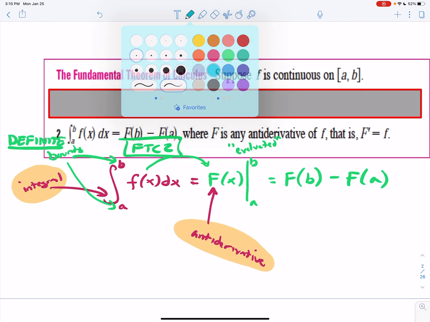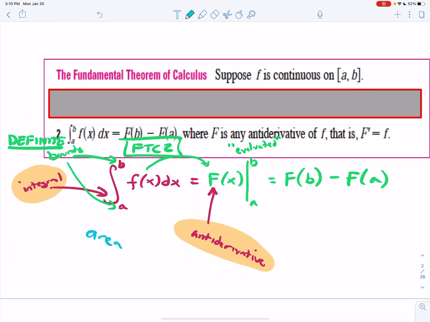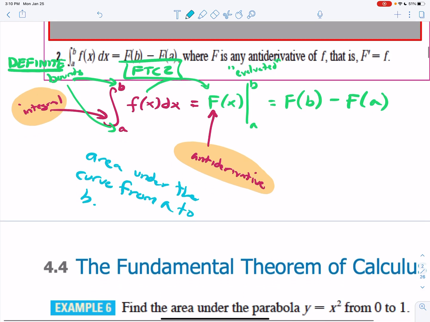We are finding the area under the curve. Okay? In this case, from a to b. And I'll show you guys that graphically in the next few problems so you have a good understanding, not just with the analytical part, but with the graphical approach as well. Okay? So here we go.